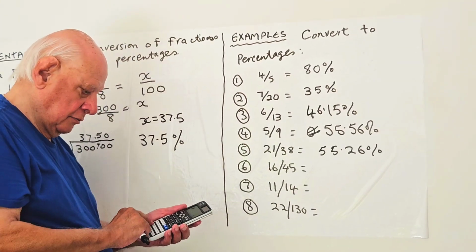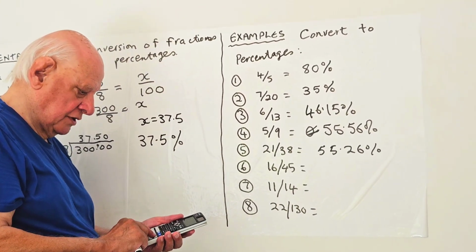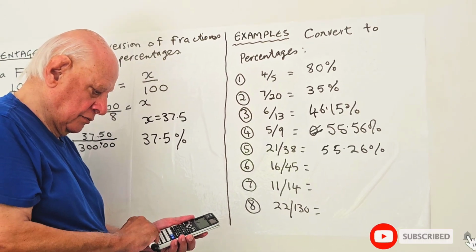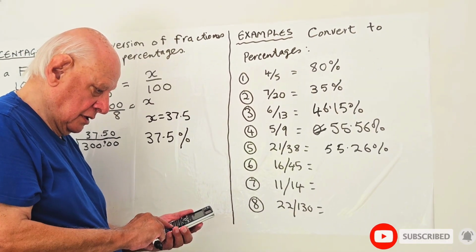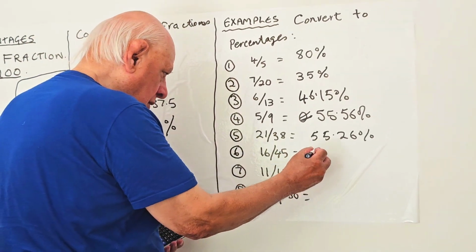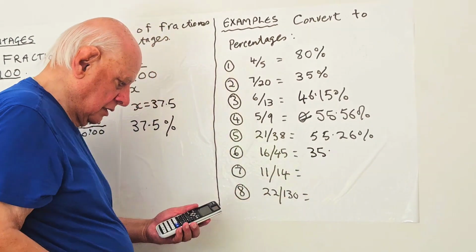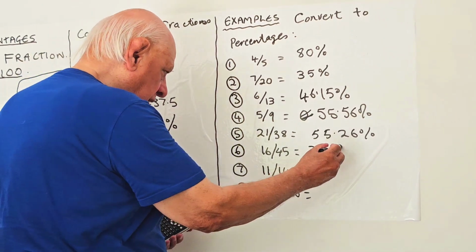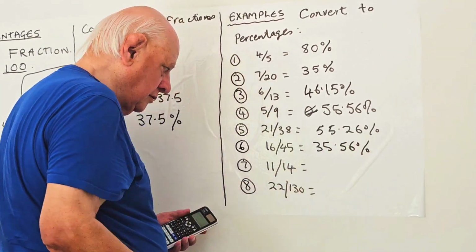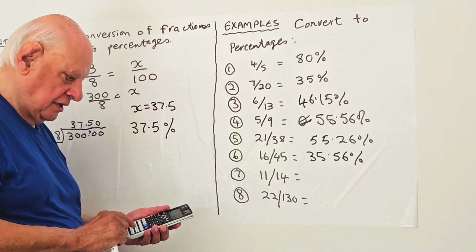Okay, and then with the rest, same old process, 16 divided by 45 times 100 is 35.56%. Again, it's a non-terminating decimal, so we need to give it to a few decimal places.